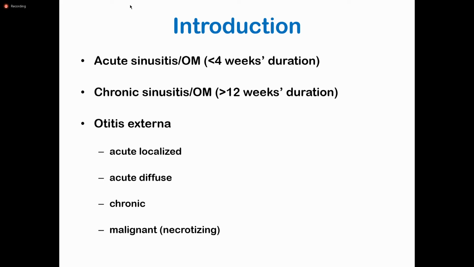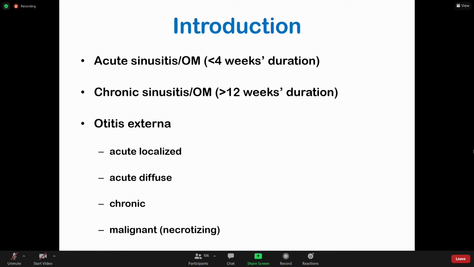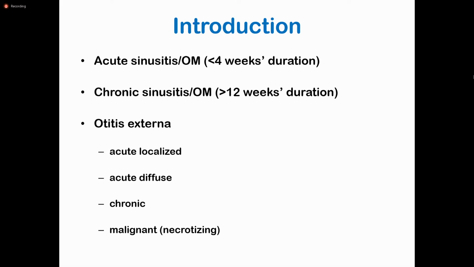Organisms vary, it means that your approach to management will most likely vary as well. You can also have otitis externa. Otitis externa usually involves the pinna and the external auditory canal, or it can involve just one of the two structures.